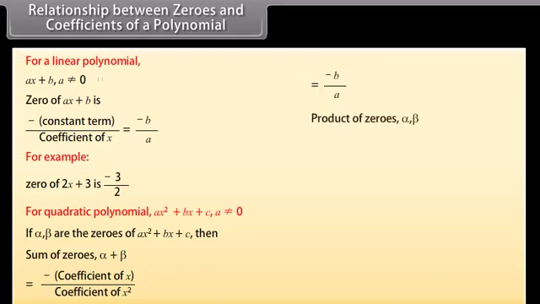Product of zeros, alpha beta, is equal to constant term upon coefficient of x square, which is c/a. For example, if alpha, beta are the zeros of 2x square + 3x + 2, then alpha + beta is -3/2, alpha beta is 2/2, which equals 1.